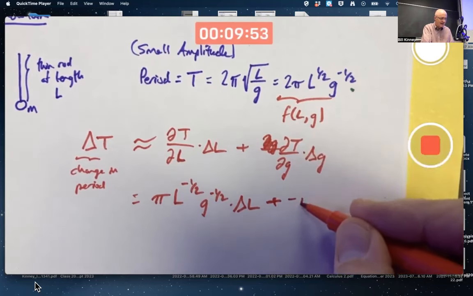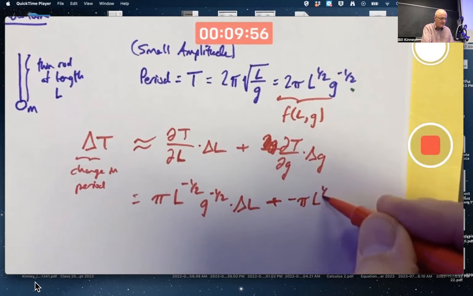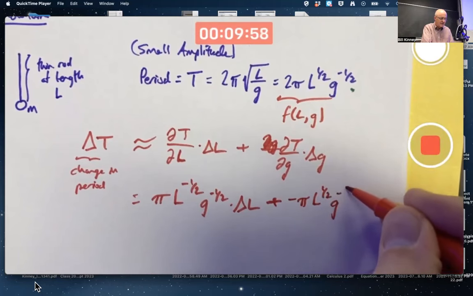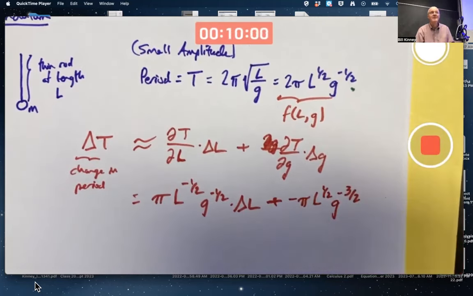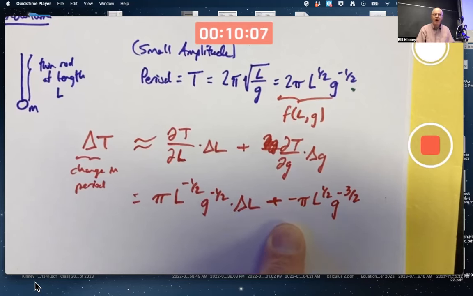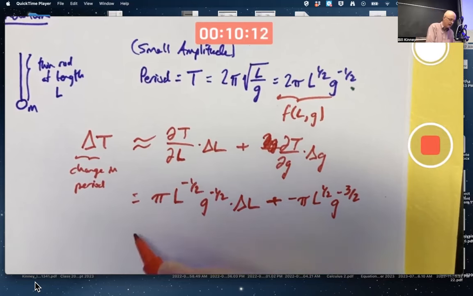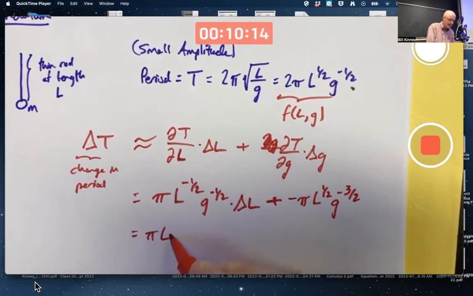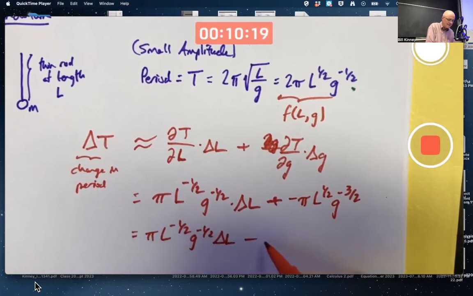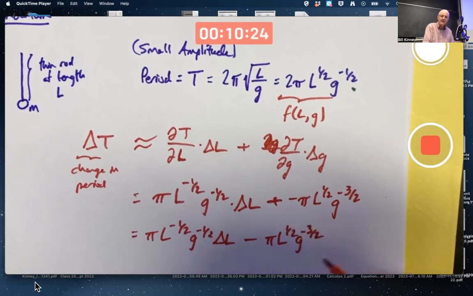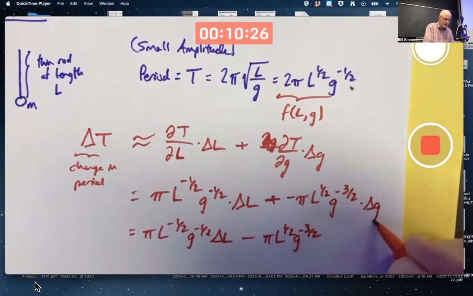I get negative pi L to the 1/2 G to the negative 3/2, because negative 1/2 minus 1 is negative 3/2. And yes, plus negative is the same as subtracting. I could write this as a subtraction. Maybe I'll go ahead and do that. Pi L to the negative 1/2, G to the negative 1/2, delta L minus pi L to the 1/2, G to the negative 3/2, delta G. And I realized I forgot something. I forgot my delta G.